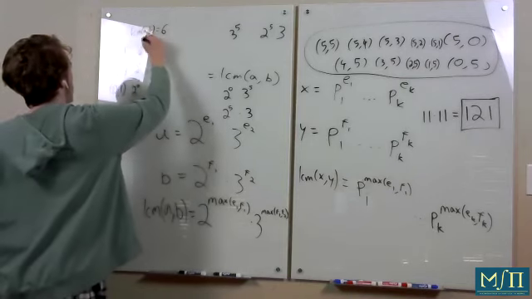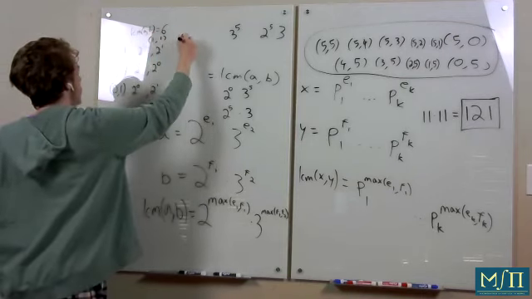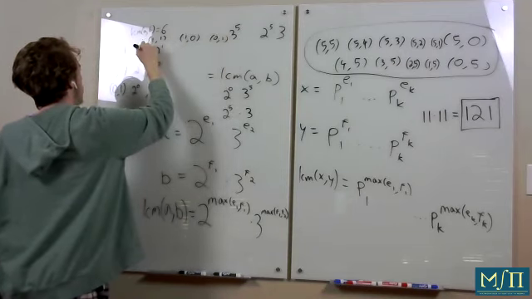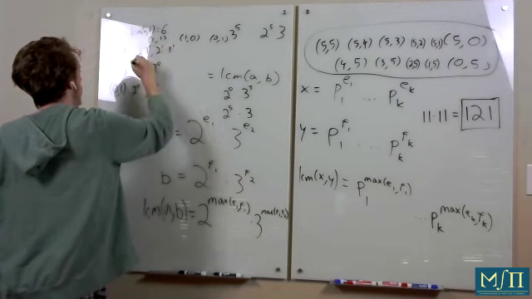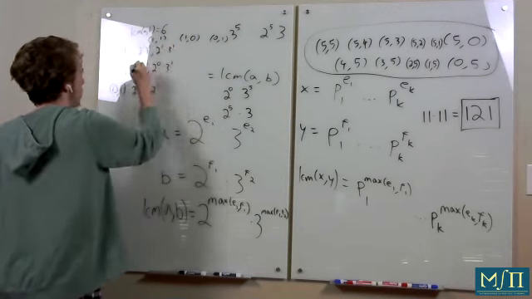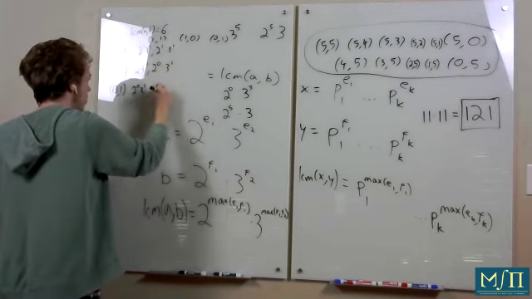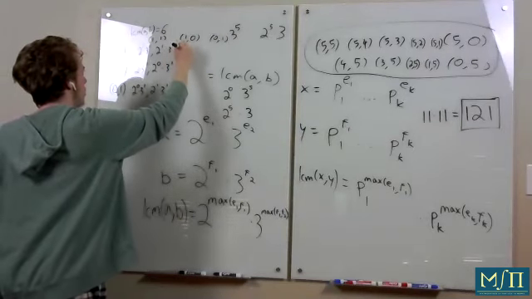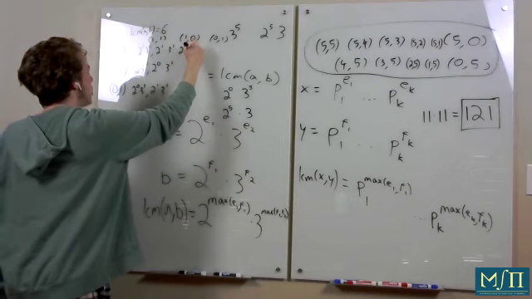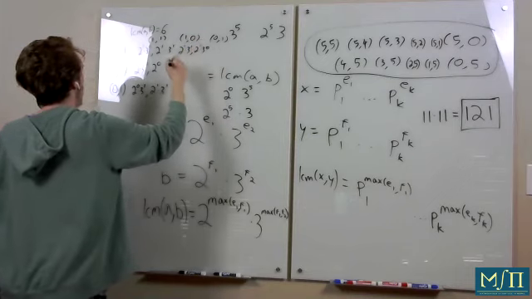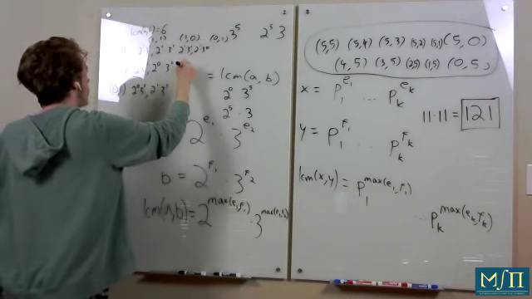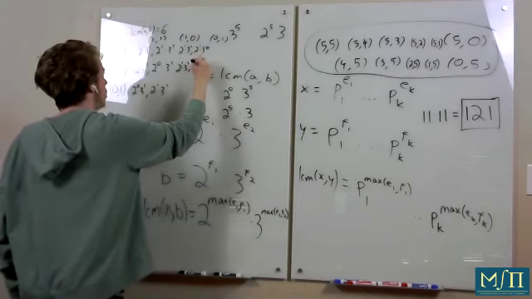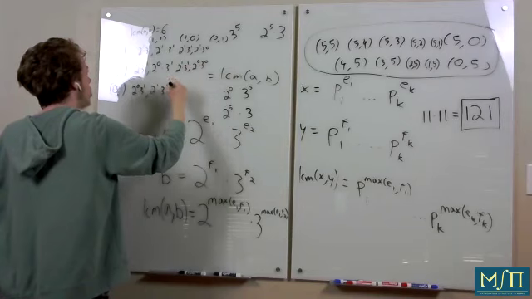And similarly, for the powers of 3, you could do the same thing. And so you could write 6, 6, 6, 3, 3, 6. Or you could write 6 and 2. 6 and 1. 2 and 3.